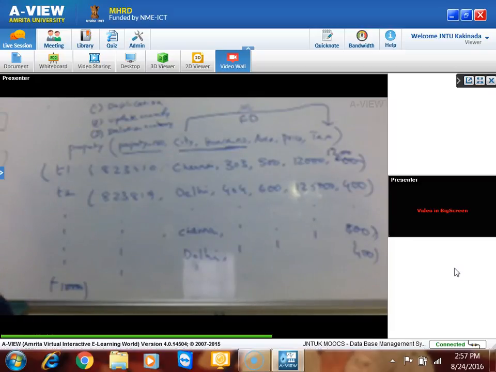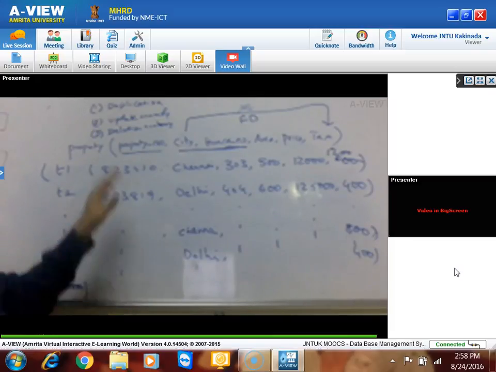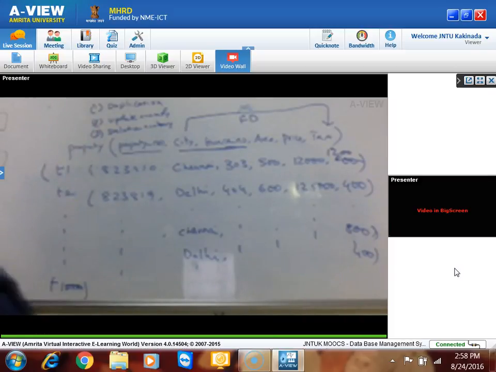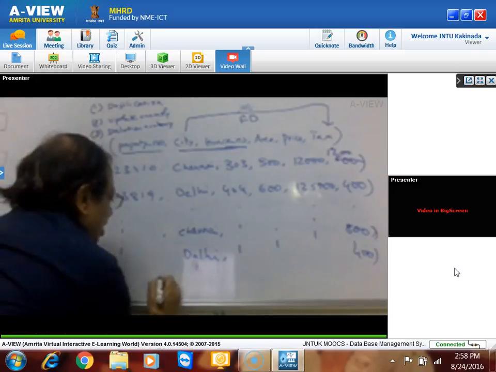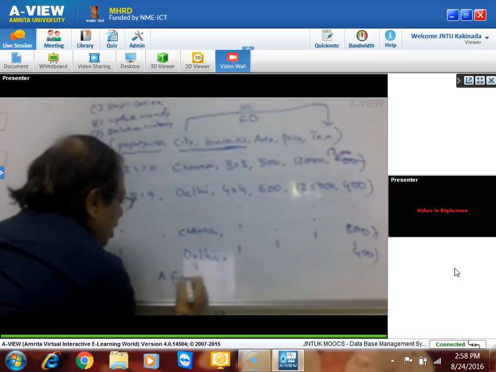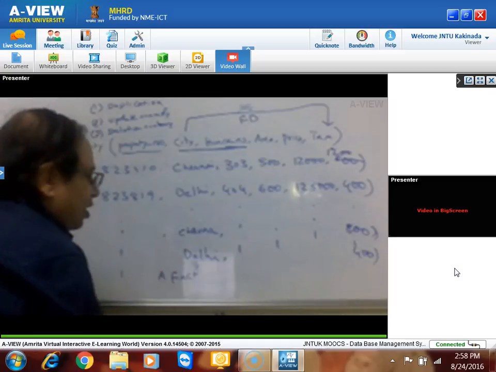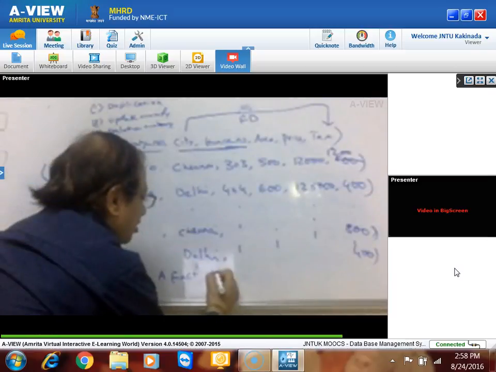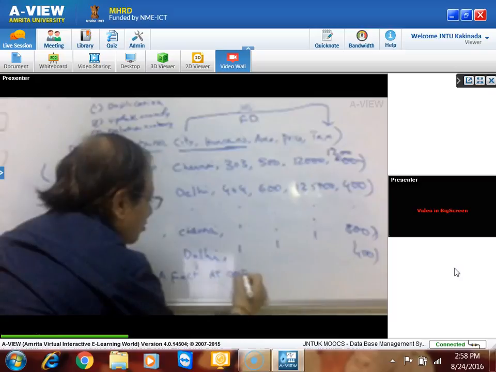What is the best way to avoid all these anomalies? The golden rule that database designers want to follow is one fact, one place.